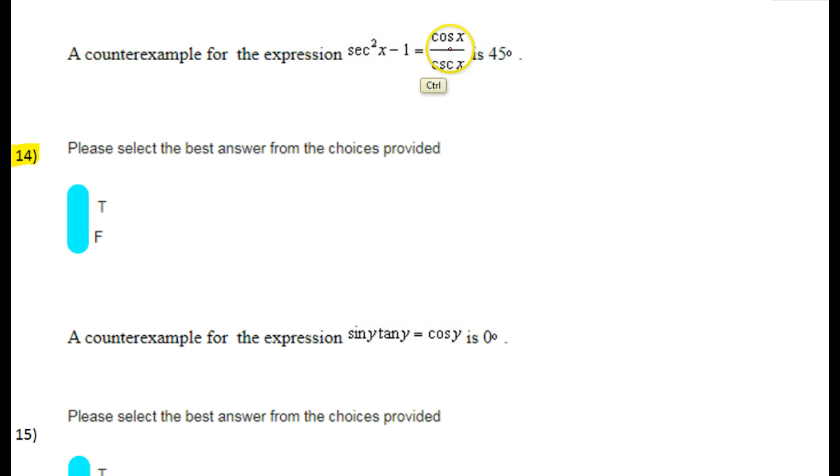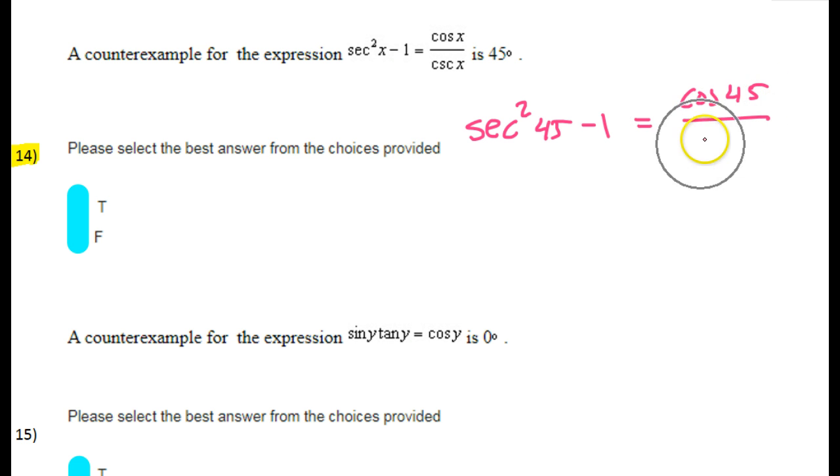So let's just substitute in 45 and see what happens. So let's do the secant squared of 45 minus 1 and see how that compares to the cosine of 45 over the cosecant of 45.